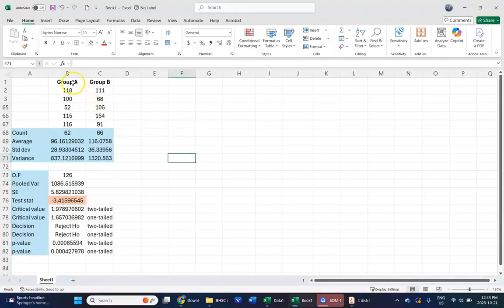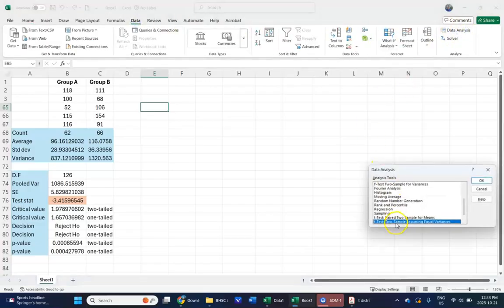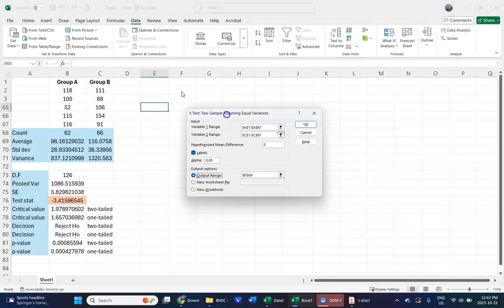Now, when our data is presented, if our question has the whole data, the raw data, another process that we can do is under the Data tab, Data Analysis, t-Test: Two-Sample Assuming Equal Variances. That's the analysis tool that we can use. You click on that.